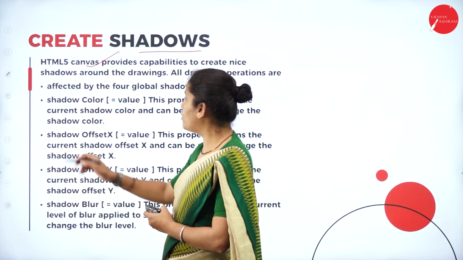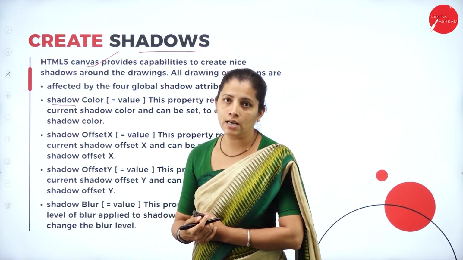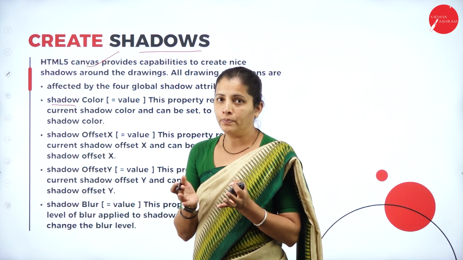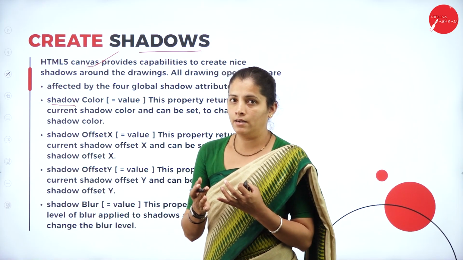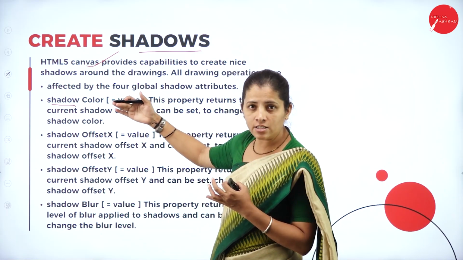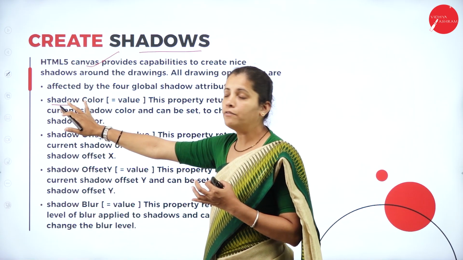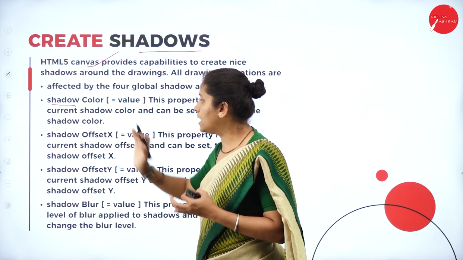So what properties can I have? I can have properties like shadowColor. Usually my shadow is in black color. If I want to change the shadow color, then I can use the property called shadowColor.